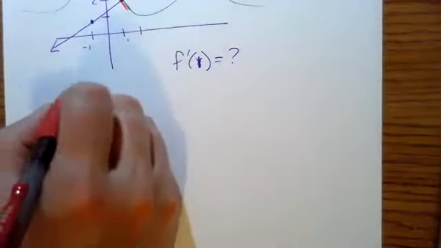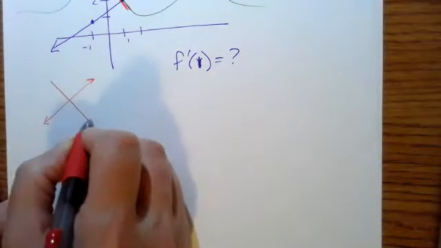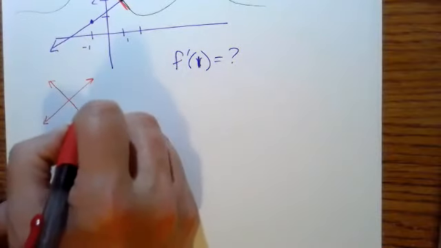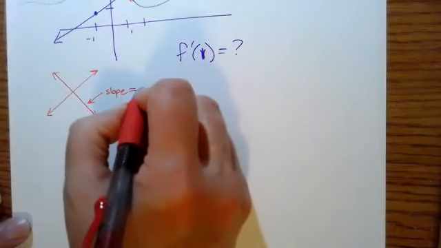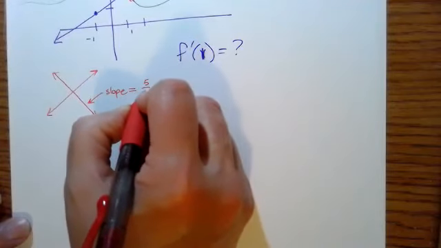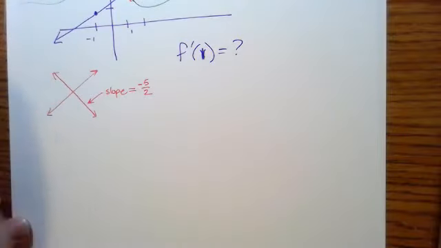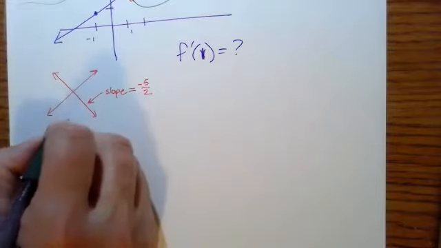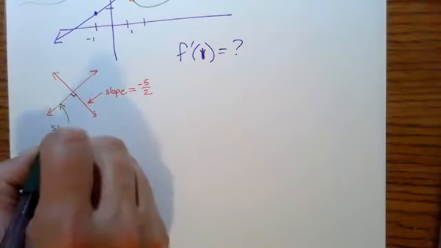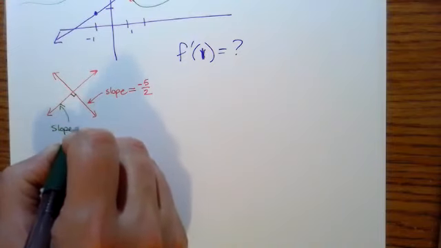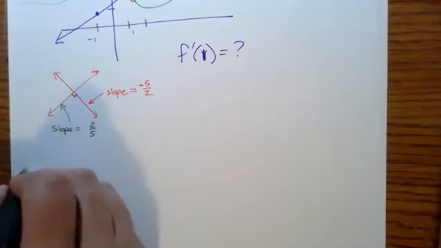Do you remember the relationship between the slopes of lines that are perpendicular? So let's say I know the slope of that line is, let's make it a fraction, like 5/2. But it's dropping, so let's say -5/2. What can I do to get the slope of the line that makes a right angle with that line? Flip it and change the sign. Excellent. So flip it means 2/5. Change the sign means not negative but positive.